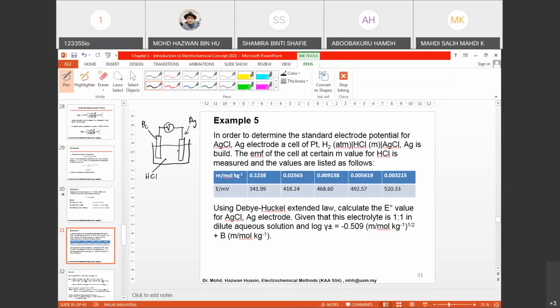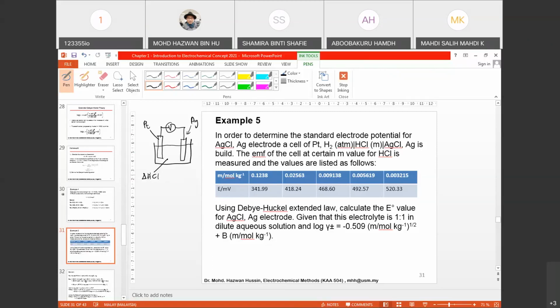Okay, right. So this is basically the setup. You have a different concentration of acid, so this one has a change of HCl concentration. Then you have platinum and silver. Of course, this will be the anode and this will be the cathode.